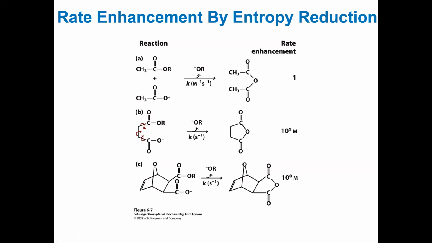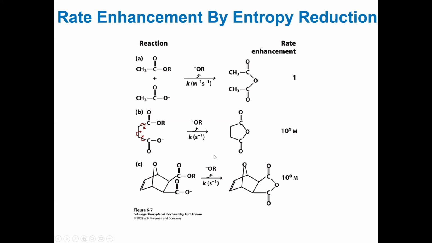Now, you might think that this one has no unit, while this one has the unit of molar. They have to do that so that they can directly compare, because the top one is a bimolecular reaction and the bottom two are unimolecular reactions.